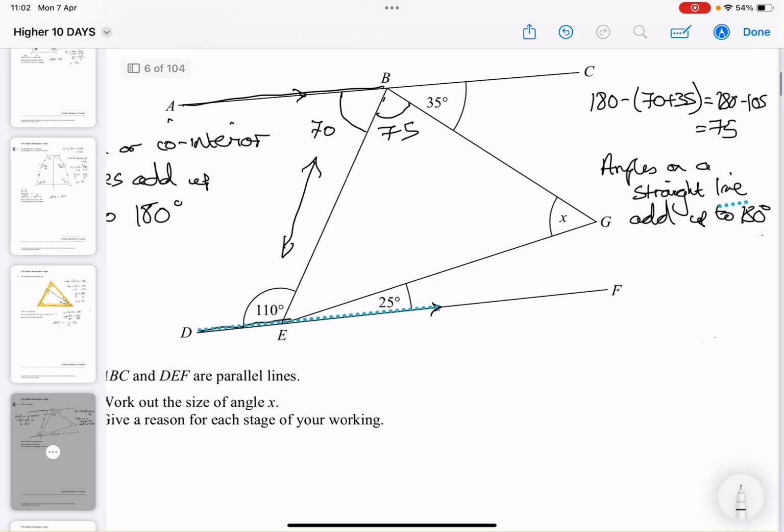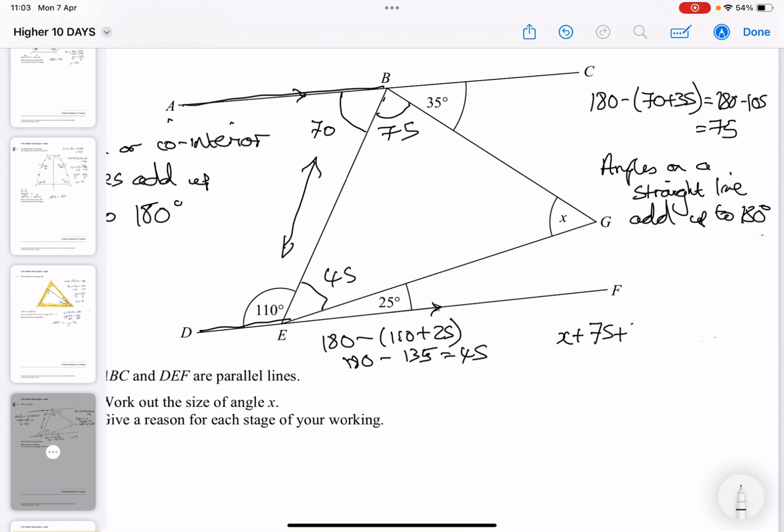Always remember that one, it will always get you a mark. Now, when I've got that, this is also angles on a straight line. So I've got here 180 take 110 plus 25, which is 180 take 135, which is 45. So this angle here is 45, and so x plus 75 plus 45 equals 180.